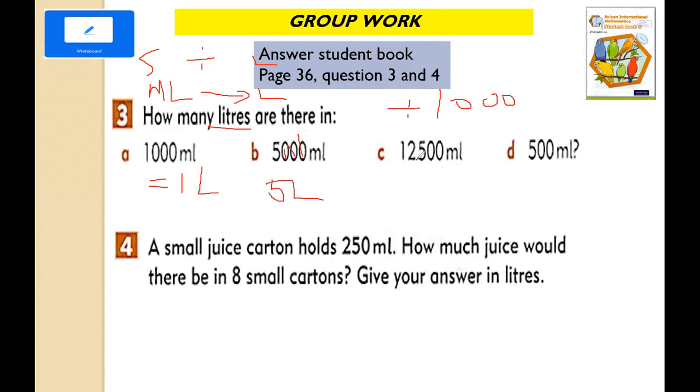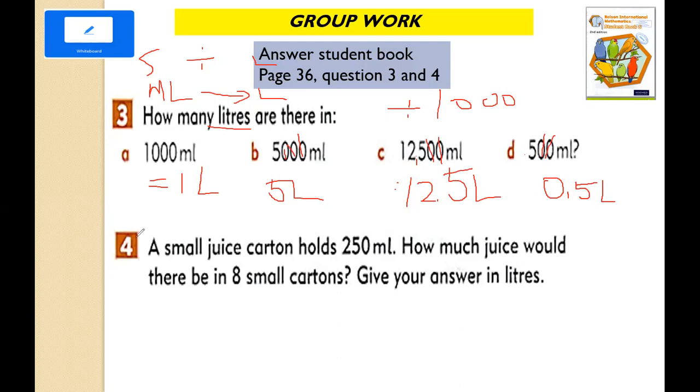Okay, 12,000 divided by 1,000 is 1, 2, and 3. So the answer is 12.5 liters. 500 ml divided by 1,000, so 1, 2, and 3. Therefore, the answer is 0.5 liters. All right, simple.